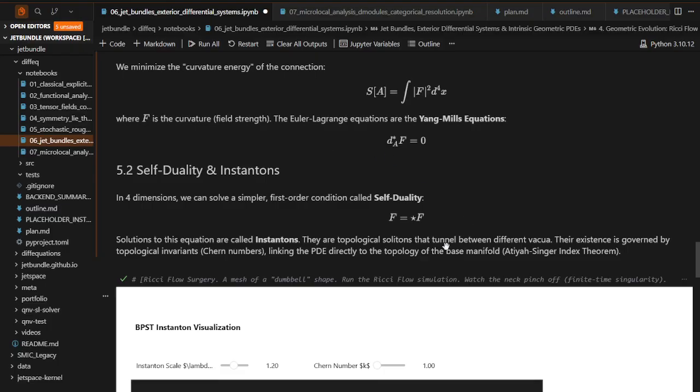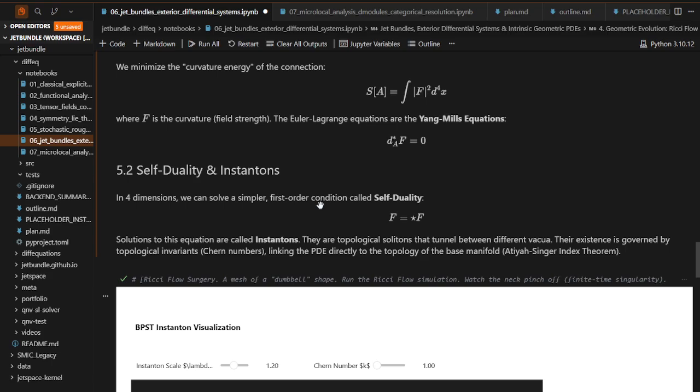And the instantons, if you remember from two episodes ago, I think, solitons. What was the property of the solitons? These are effectively solutions to these nonlinear PDEs that pass through each other and don't scatter.